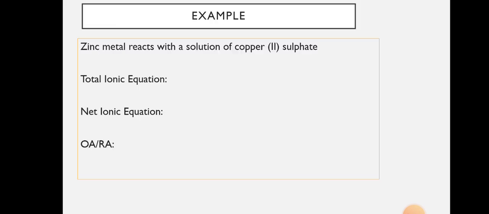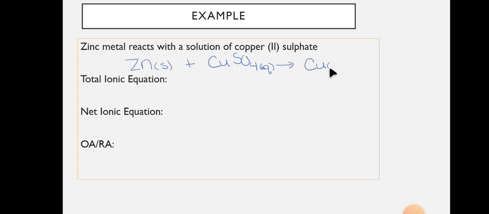So let's take a look at an example. Here you have zinc metal reacts with a solution of copper(II) sulfate. When you're starting off, we just want the balanced chemical equation. So zinc solid reacts with copper(II) sulfate, CuSO4, and it says solution, so you know the state would be aqueous. And this is just a single replacement reaction.